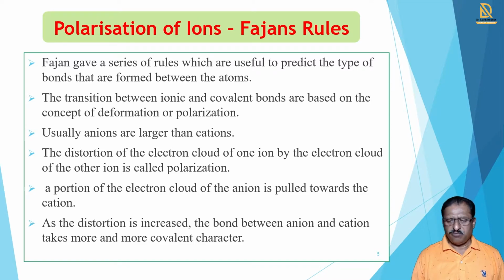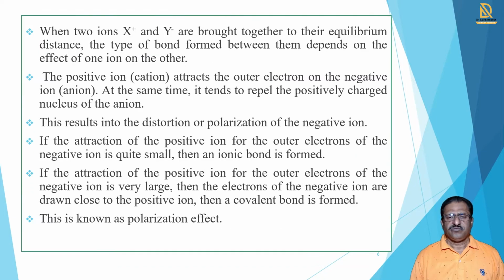So when such a cation and anion interact with each other, there is formation of polarization and the covalent character is increased, and that is explained by Fajans. And such polarization is observed in compounds.